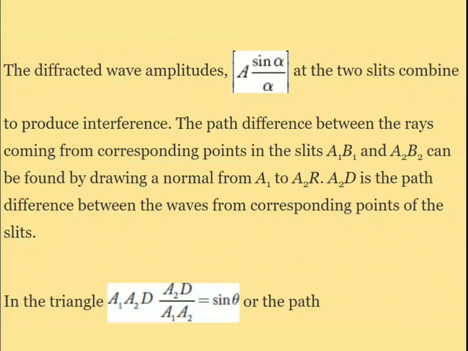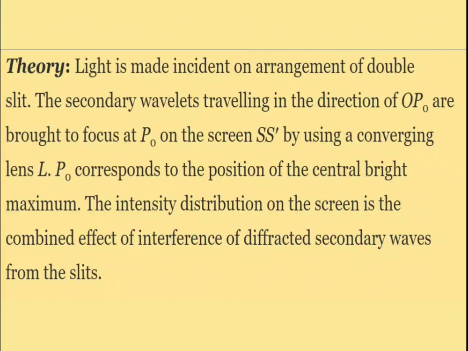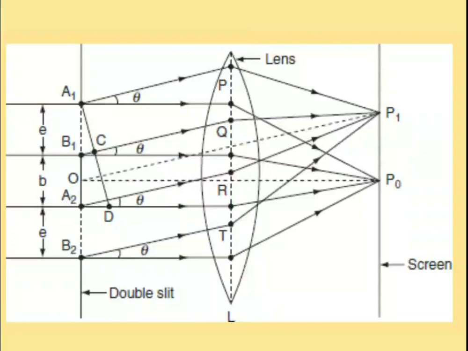For this purpose we draw a perpendicular from A1 to A2R. Now the path difference between these two rays is A2D. To find the path difference A2D, we use the triangle A1 A2 D.